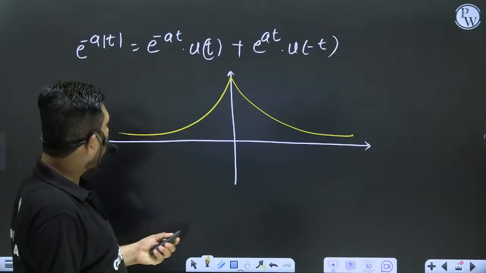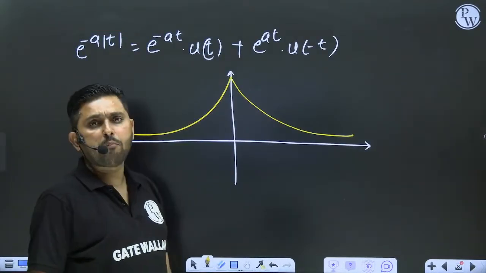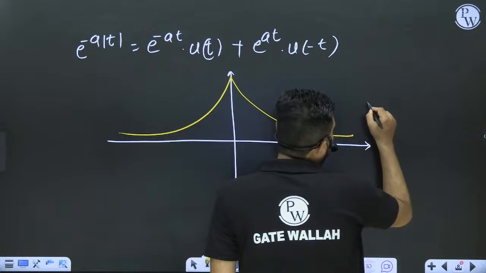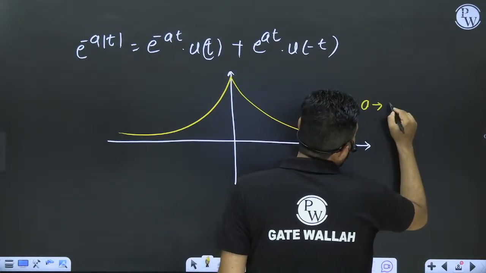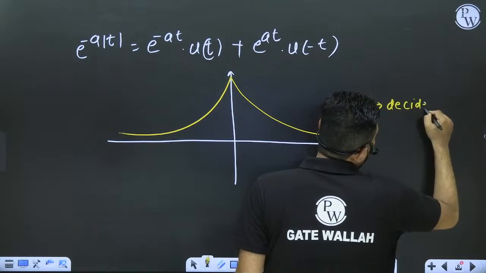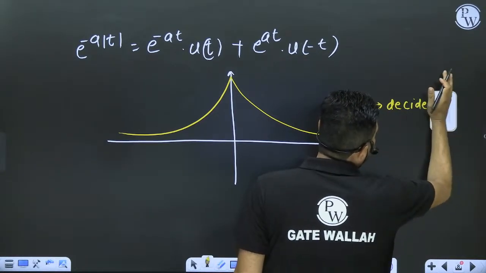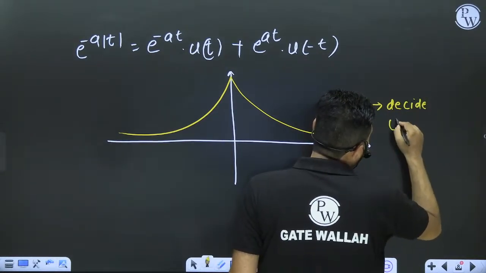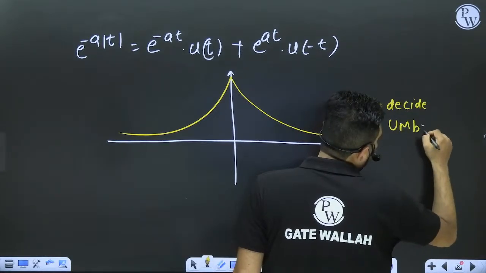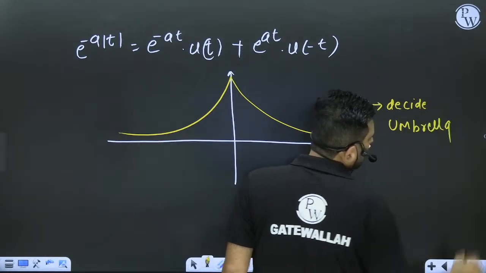Alpha is equal to a. Now who will decide the umbrella of this function? What I'm saying is that a decides the umbrella. What is the meaning?